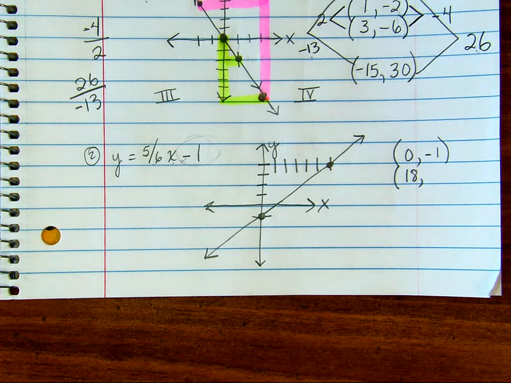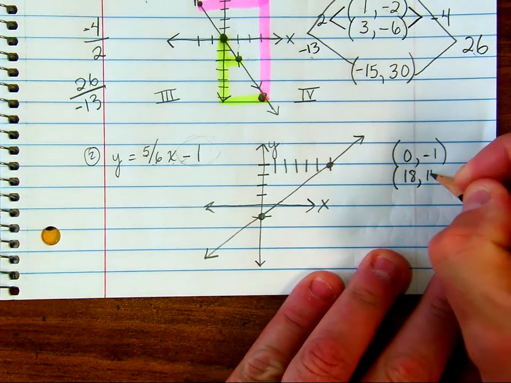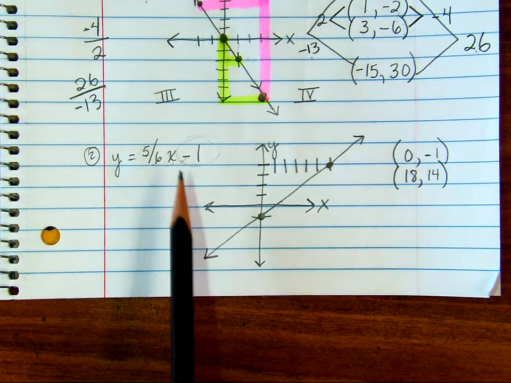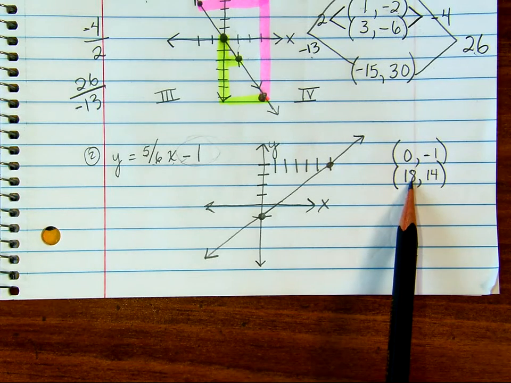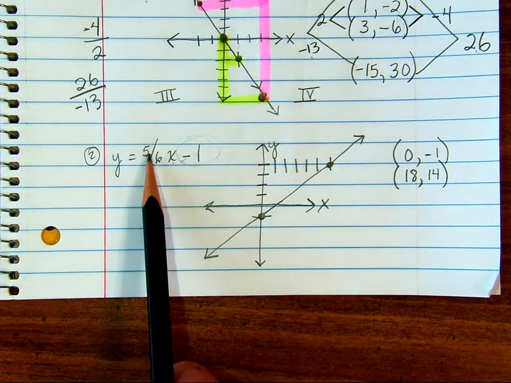Strike 2. Angelina? 14 is correct. And we got 14 by doing 6 goes into 18 3 times. 3 times 5 is 15. Take away 1, you're at 14.